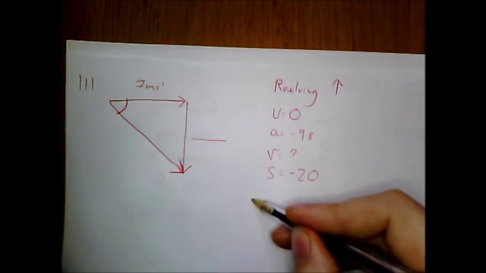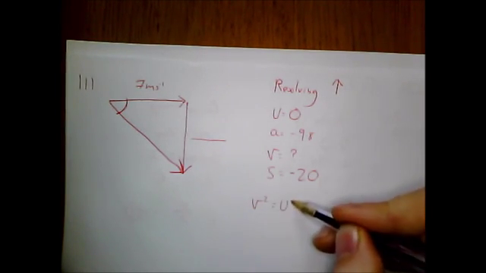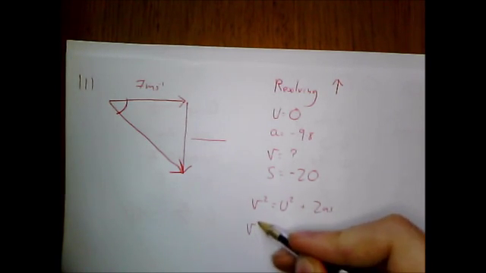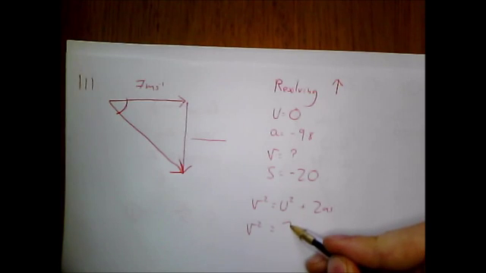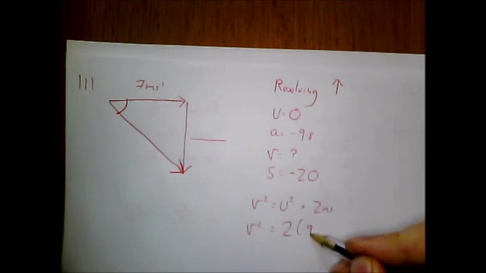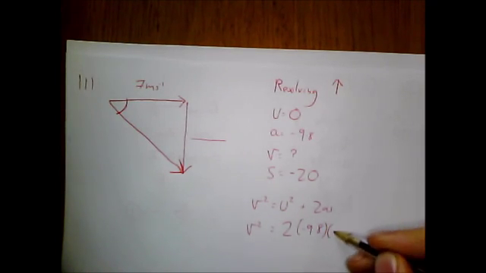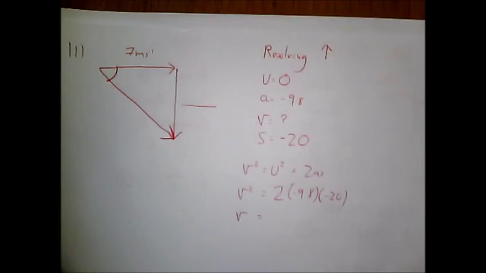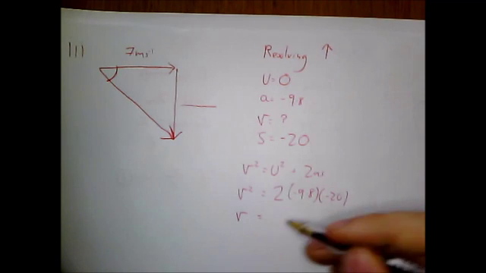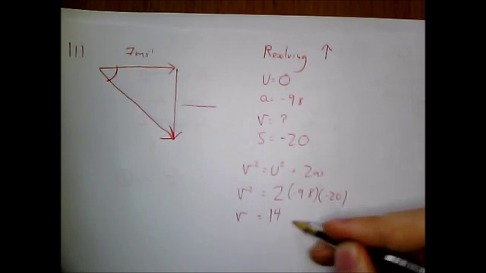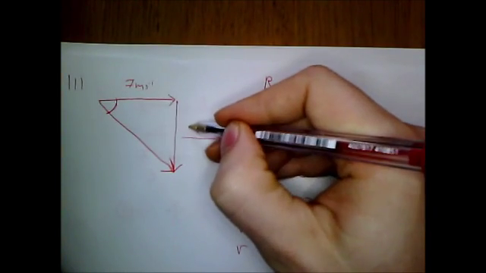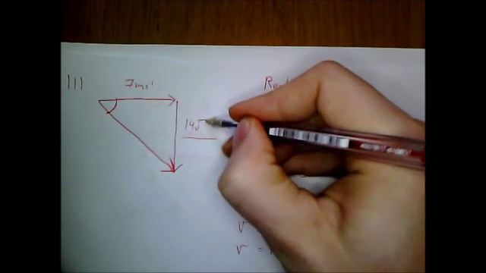Using v squared equals u squared plus 2as, we get v squared equals 2 lots of negative 9.8 lots of negative 20. So we get a velocity here of 14 root 2. We know this is 14 root 2 now.